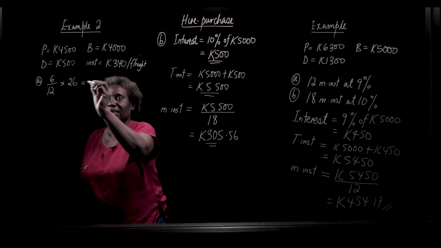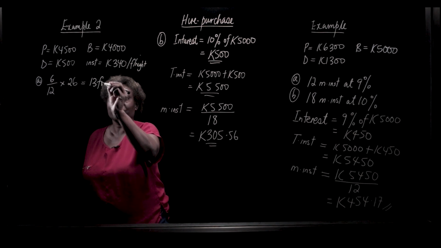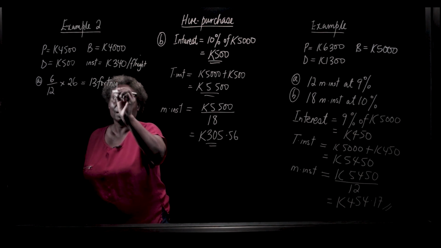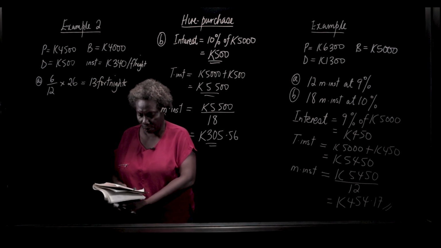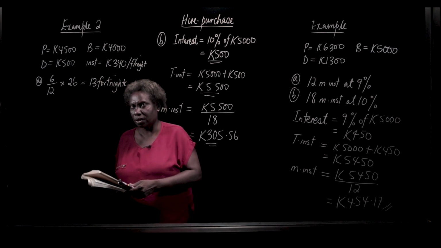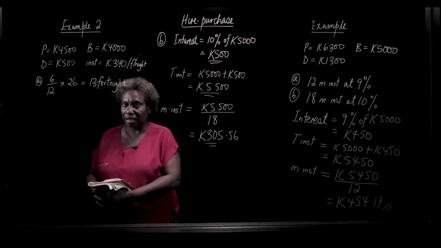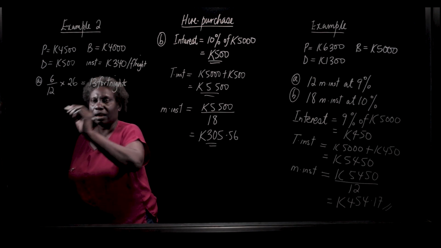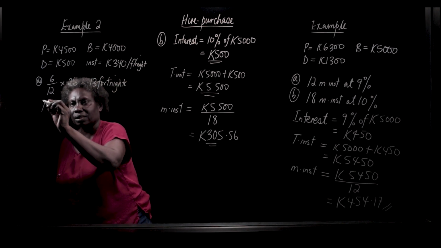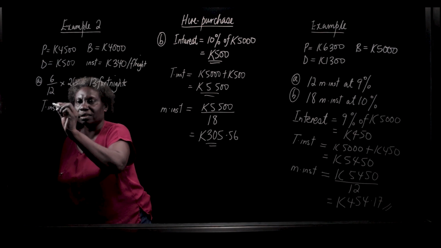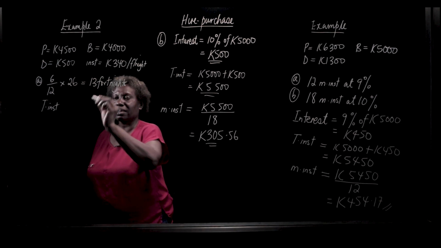So that gives us 13 fortnights. We want to calculate the interest, so the first thing we have to find out is the total installments in 13 fortnights.